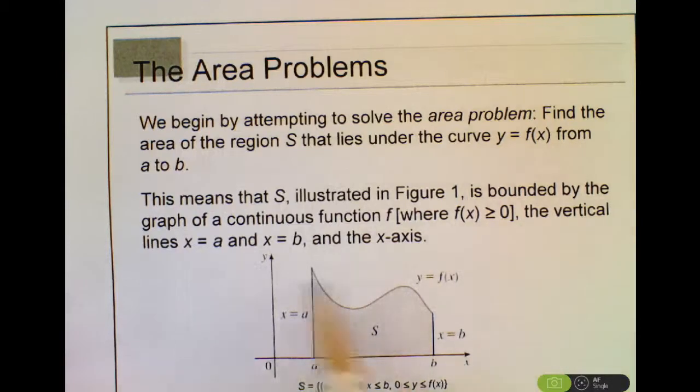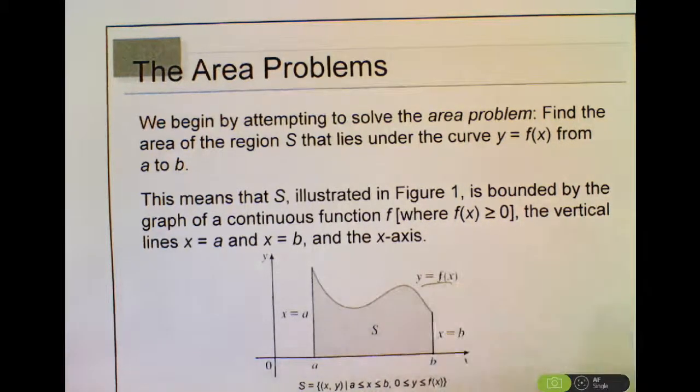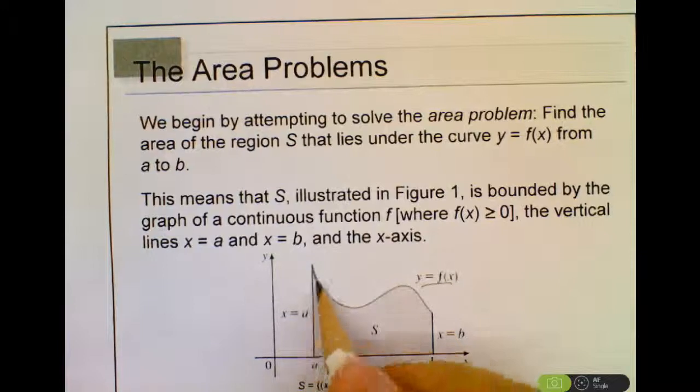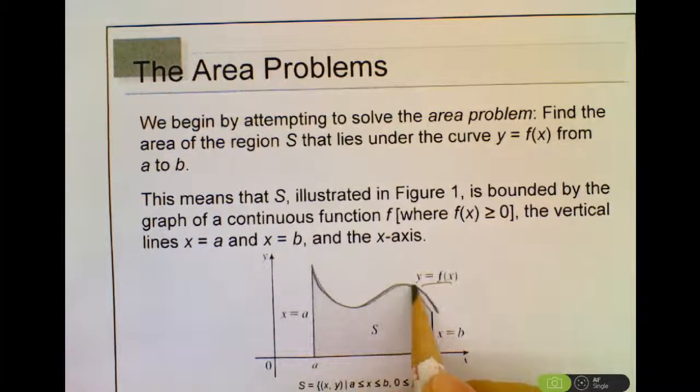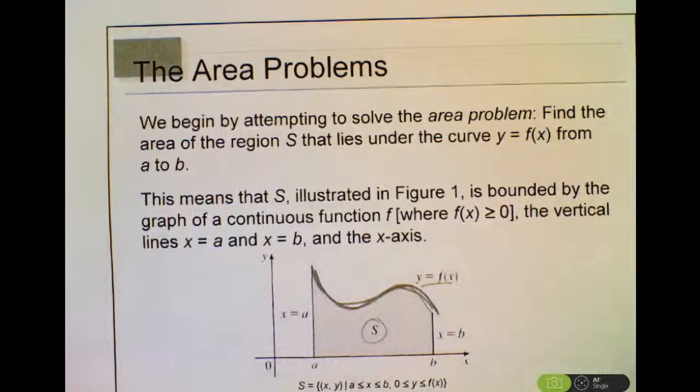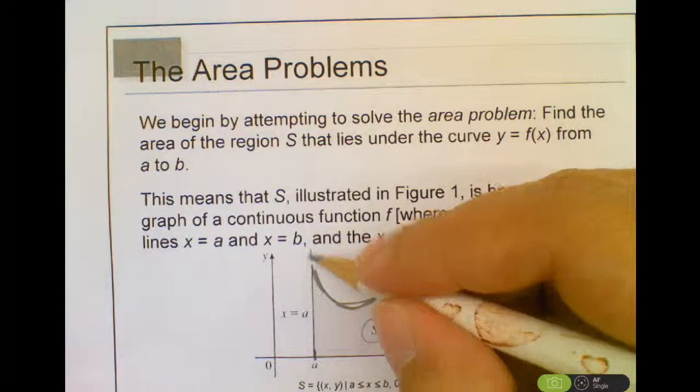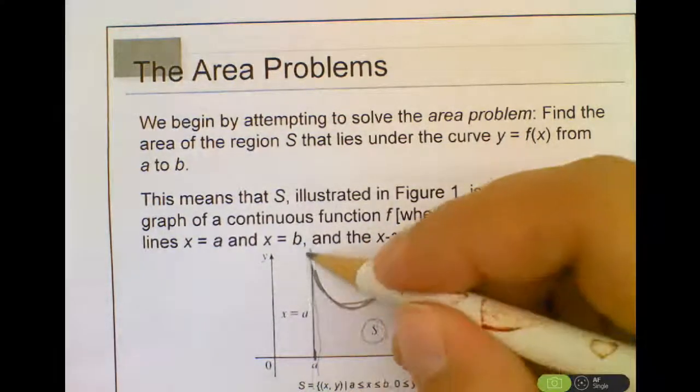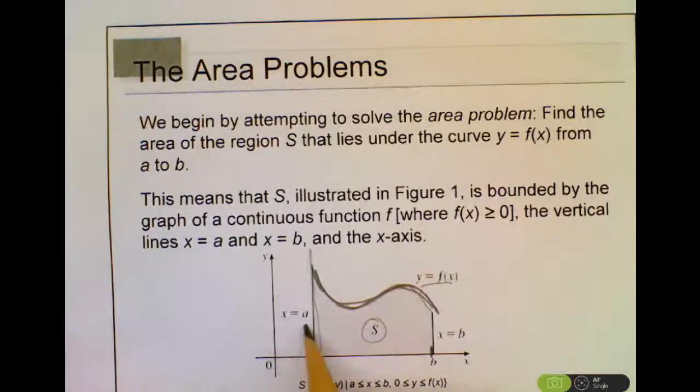So in general, we have a function that is going to be called f, and some area that we're going to refer to in this section as capital S. And we are going to talk about what happens between points A and B on the x-axis. Here you have the line x equals A. Remember that for any vertical line, the equation is x equals a number.